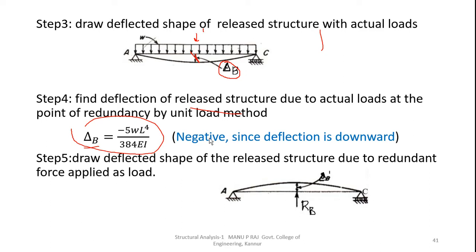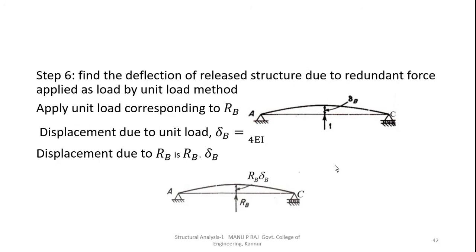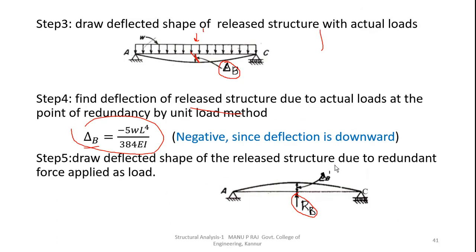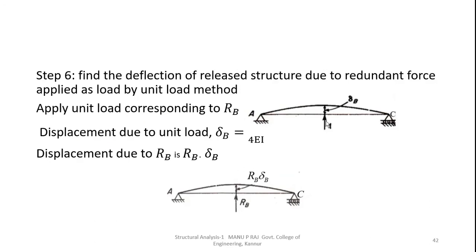Now draw the deflected shape of the released structure due to the redundant force applied as load. Now we are again drawing the released structure, and we are applying this redundant load. Now there will be some deflection delta B dash. To find that deflection delta B dash, first you will apply a unit load at the point B, and you will find the deflection due to this unit load.